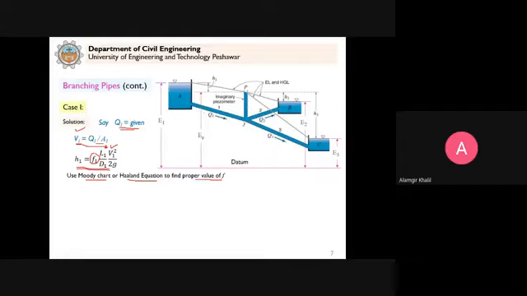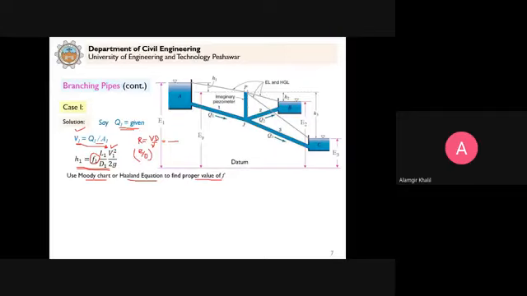For the fluid property, you can calculate the Reynolds number, which is given as V into the diameter D divided by nu, the kinematic viscosity. So you can easily calculate Re, and then you can calculate E by D. The material property will be given to us.